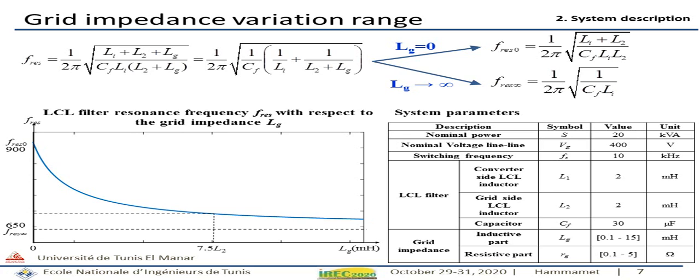In fact, the relation between the grid impedance and the resonance frequency is given by the following equation. Based on this relation and the plot of LCL filter resonance frequency with respect to the grid impedance, the approximate variation range is 0 and 15 milliohms.